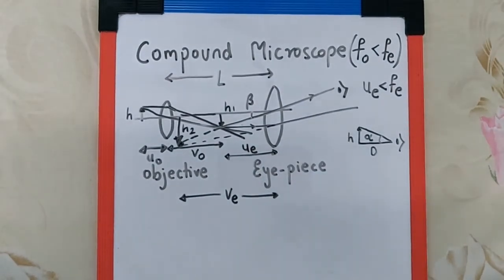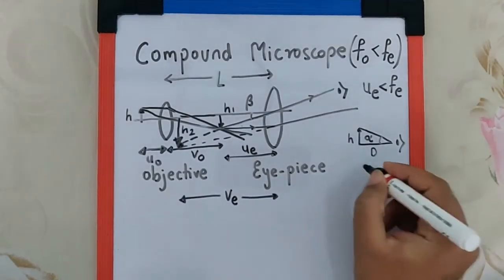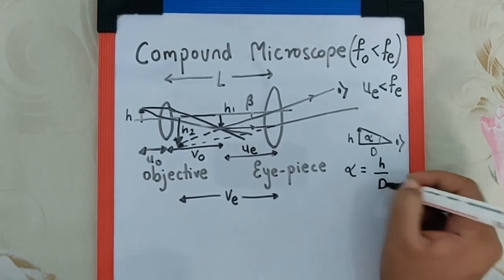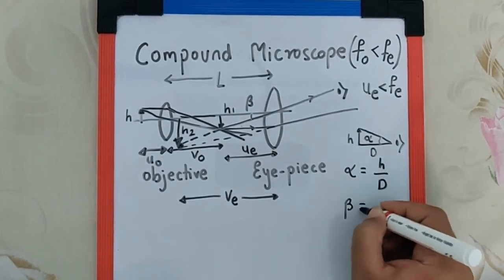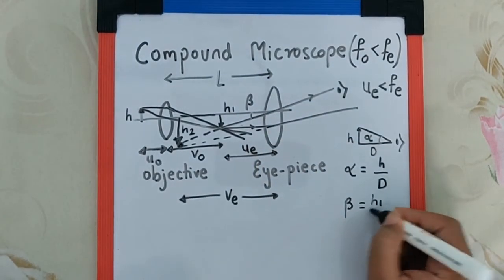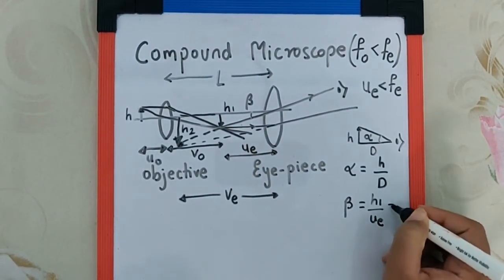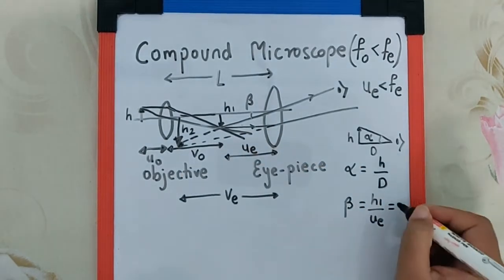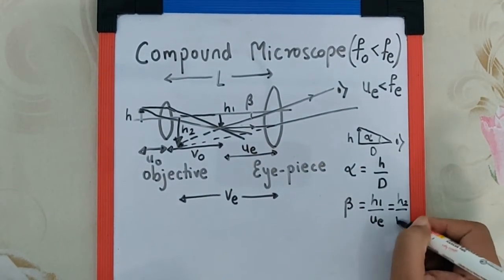Now from the diagram, it is very clear that alpha is h by d, whereas beta from the smaller triangle is h1 by UE, and from the bigger triangle it becomes h2 by VE.